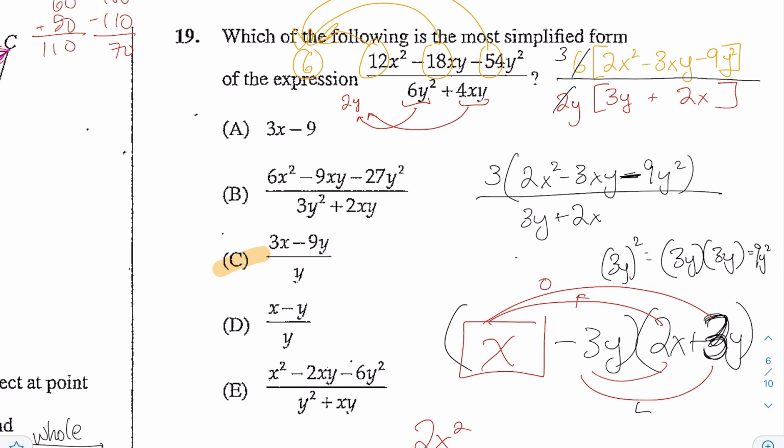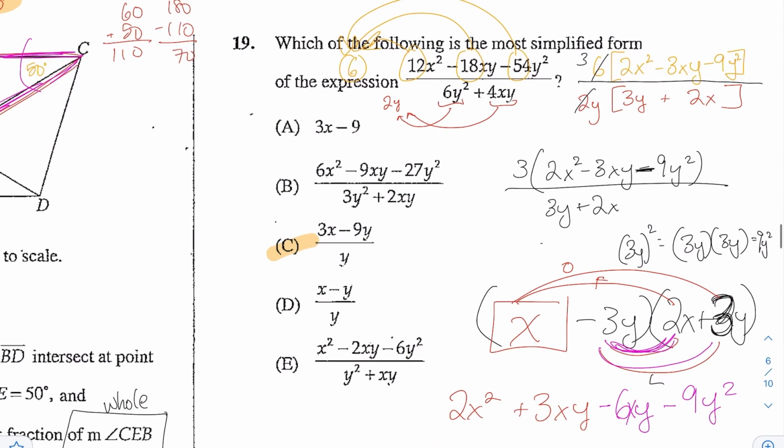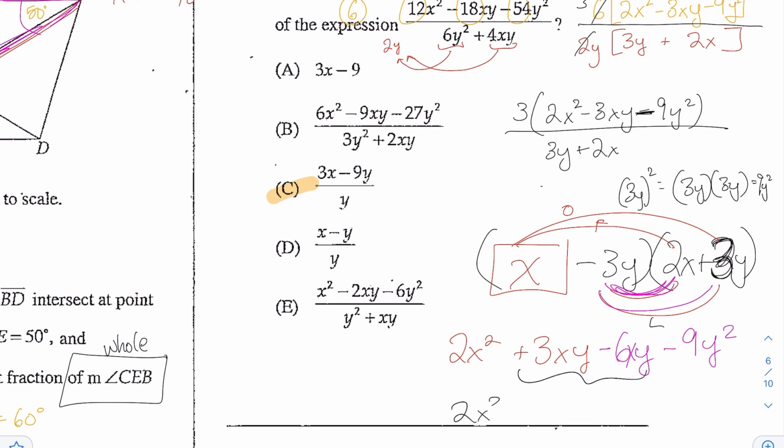The outer will be x times positive 3y, or plus 3xy. The inner will be negative 3y times positive 2x, which is negative 6xy. And finally, the last will be negative 3y times positive 3y, which will be negative 9y squared. When you combine like terms, the middle two are like terms. You have 2x squared plus 3xy minus 6xy gives you minus 3xy. And then you have the minus 9y squared.